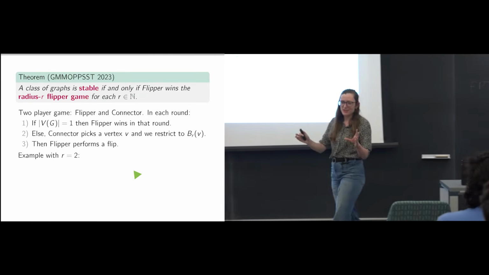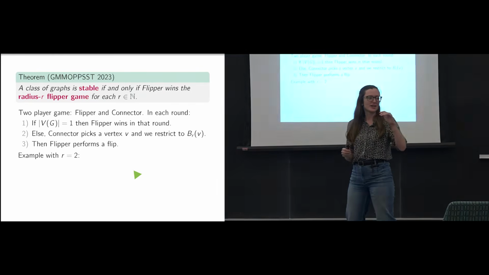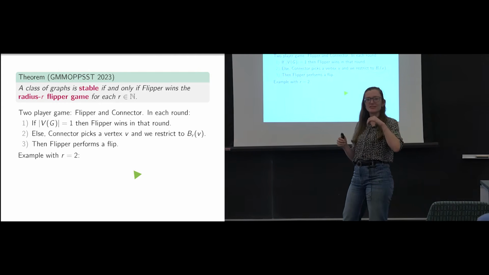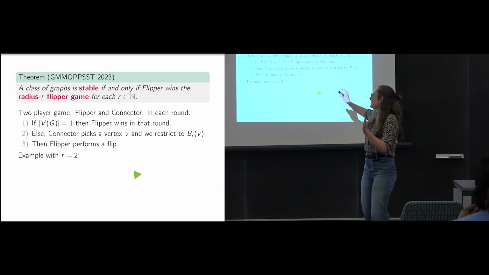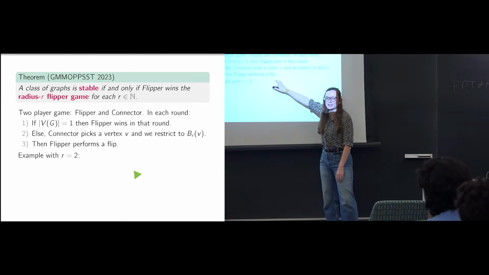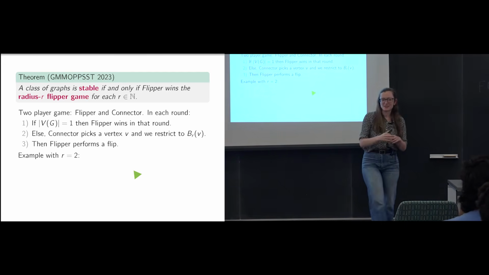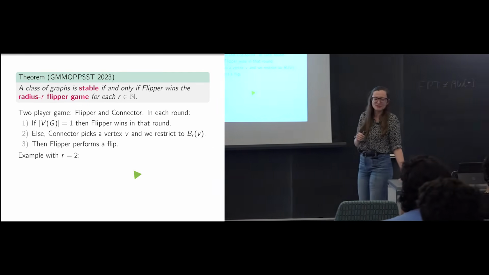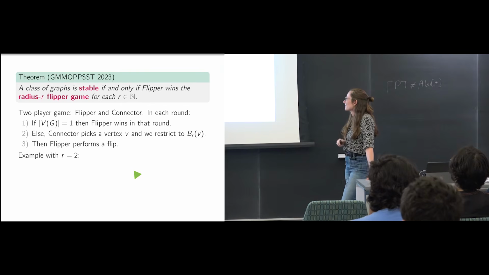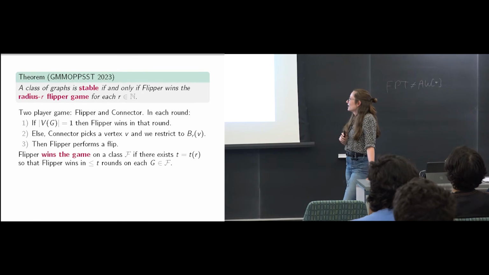Okay, so I should have maybe said this before. This is like an analog of a pursuit-evasion game where Connector is the robber and can run r steps in any round, but instead of cops, you have this magical Flipper person who, instead of putting a cop on a vertex, just flips some edges in the graph.